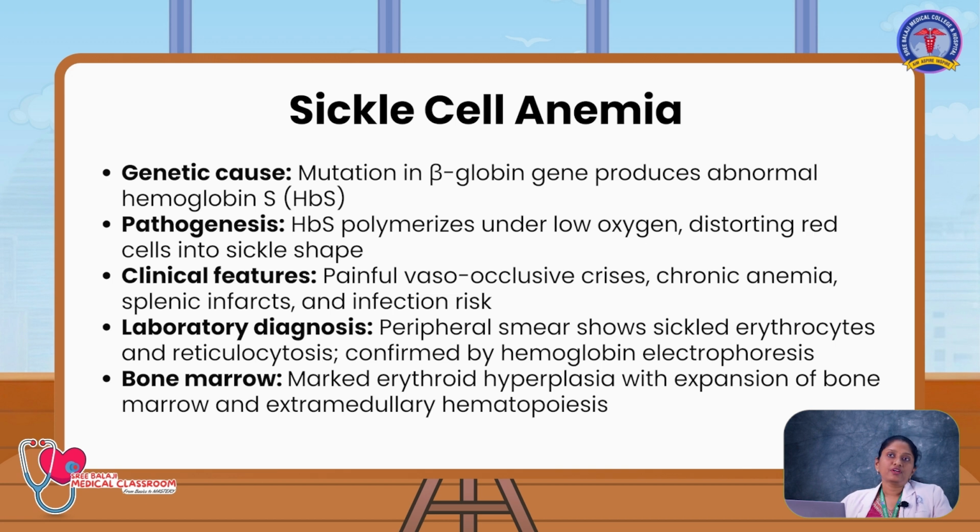Because of an alteration at the genetic level, the hemoglobin is transformed to hemoglobin S, and that will lead to sickling of these red cells in deoxygenated states. When the erythrocytes go through deoxygenation, these cells undergo a shape transformation and they form sickled RBCs.